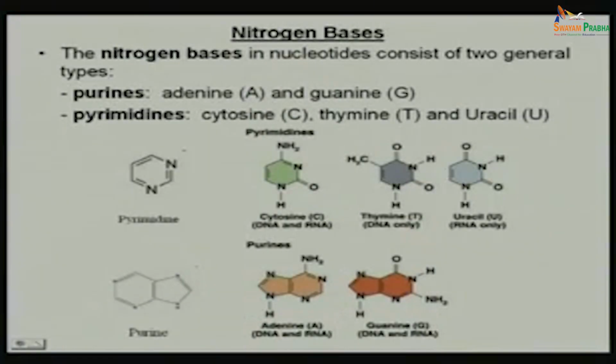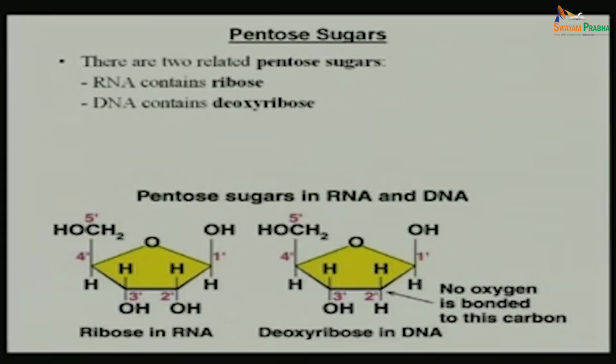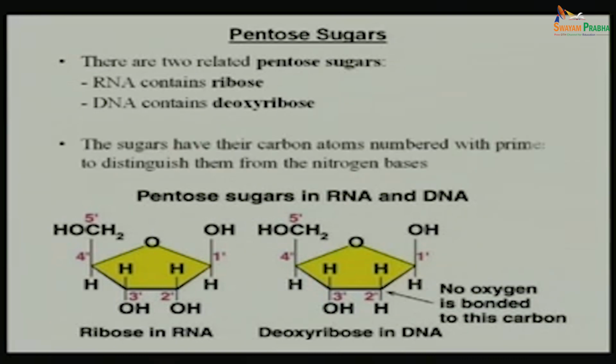So, these are all about the nitrogenous bases, and these nitrogenous bases are attached to the first carbon of the pentose sugar. Now coming to the sugar moiety, as I have told you, it is a 5-carbon sugar moiety, and that is why we call it a pentose sugar. This pentose sugar is also of two types in DNA and RNA.